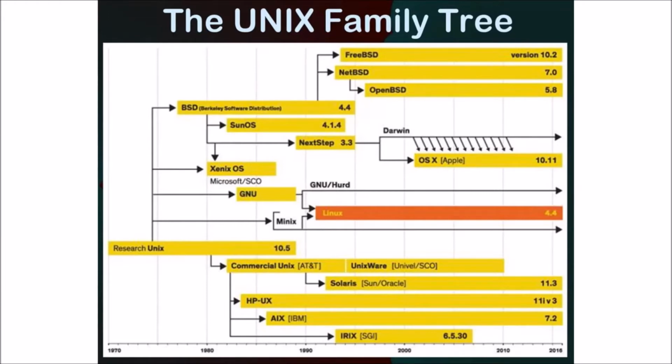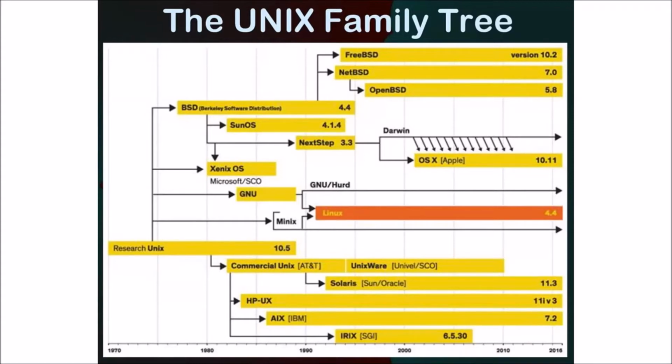On the other side, Xenix and GNU were developed, and then Linux was developed. Now, these aren't direct derivatives from Unix, but they are Unix-like in that they all work similarly. They're command line driven. You'll notice that from BSD, Sun got a license for BSD and developed Sun OS.